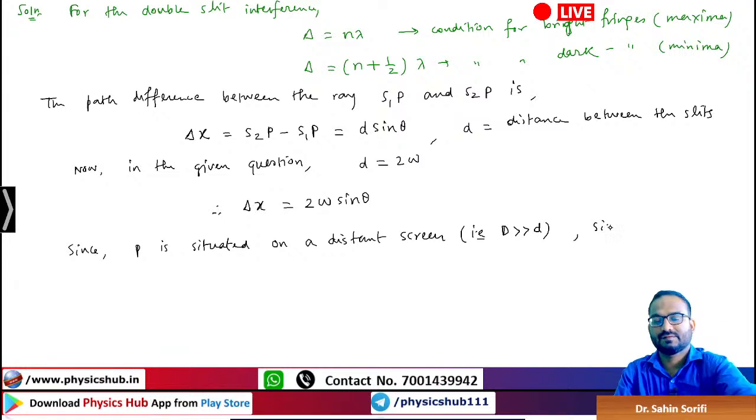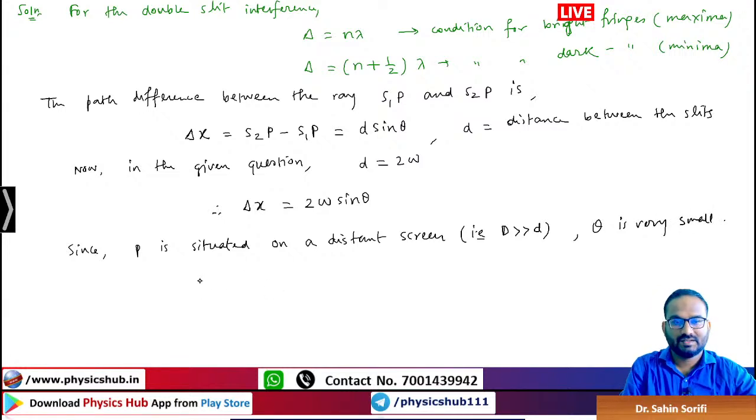Sin theta is very small, and hence we can approximate sin theta to be equal to theta, and as a result your delta x value becomes 2w theta.